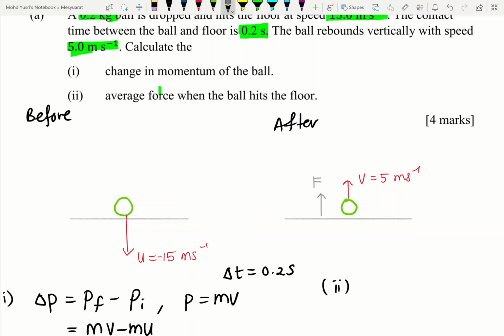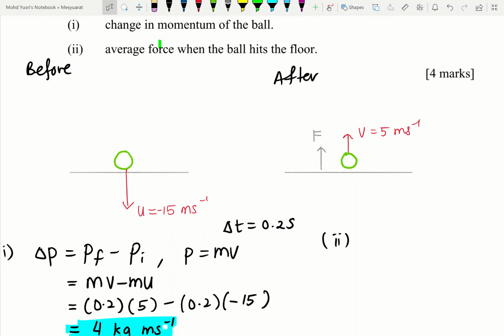Okay, and the ball also exerts a force on the floor. So ianya adalah action reaction force. Okay, so we want to find the value of force F. Okay, so we already know the change in momentum.